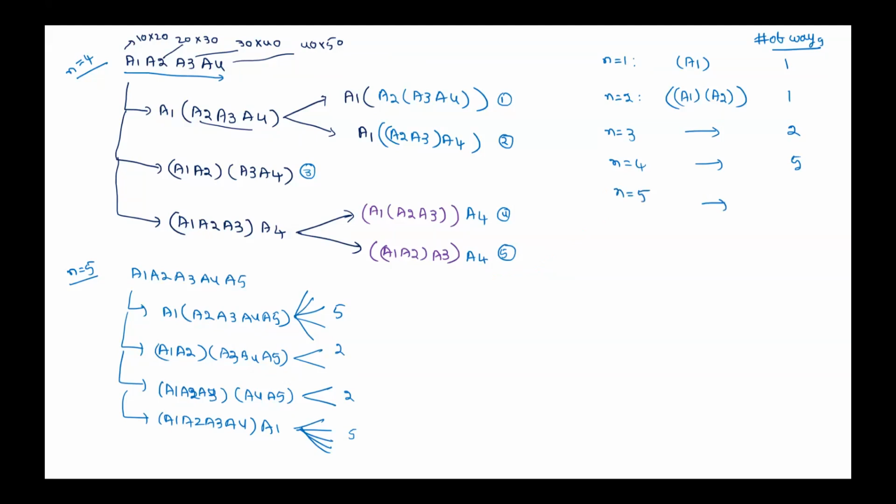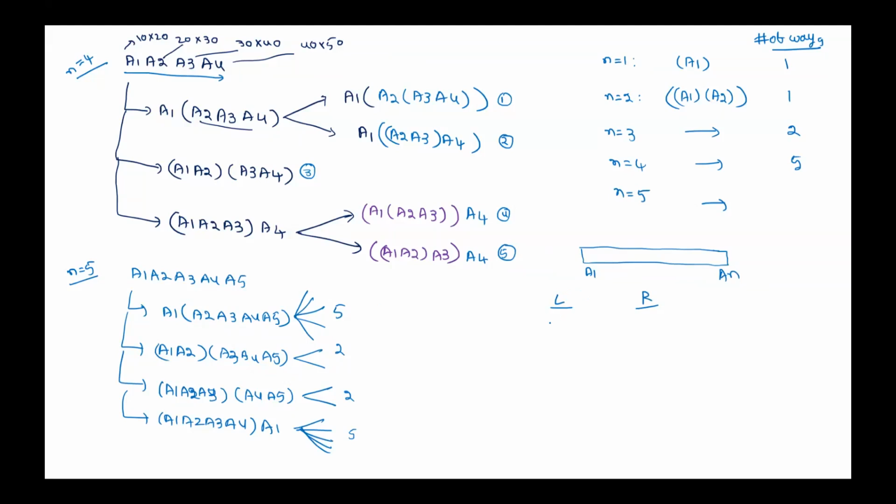Now, in general, if we are given n matrices, A1 to AN, how many ways can we parenthesize? Similar to this, we can do the following. Left side and right side I will call hereafter. Left side means wherever I am placing the first parenthesis.